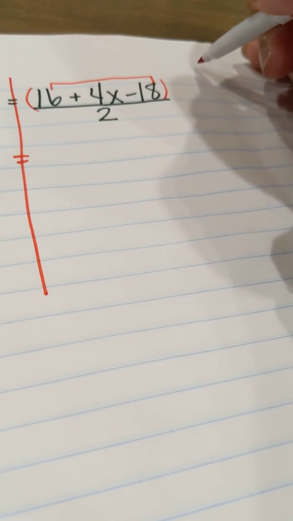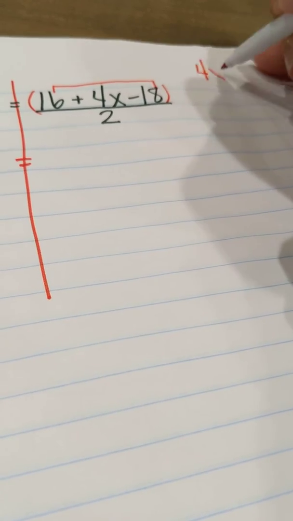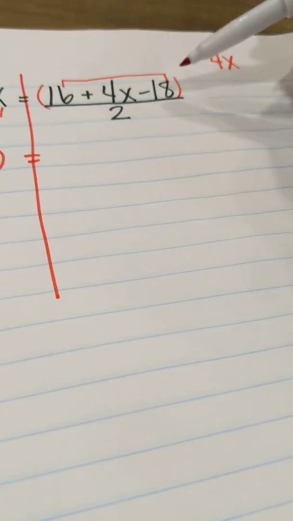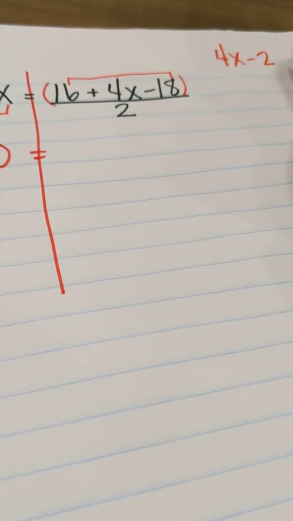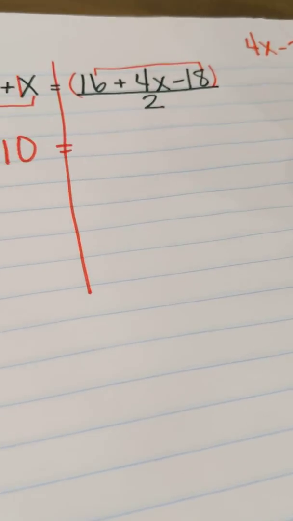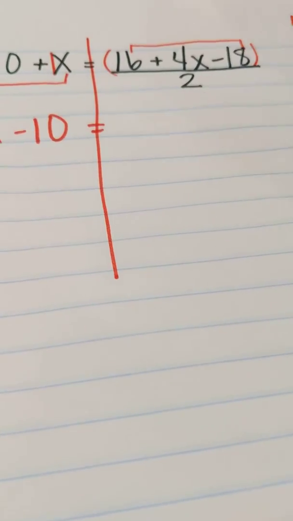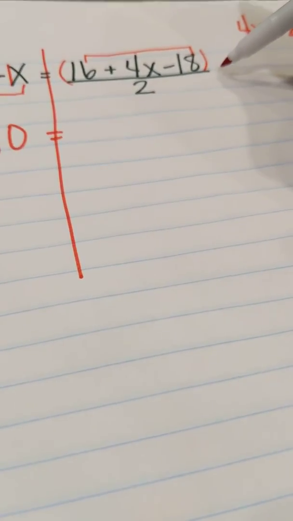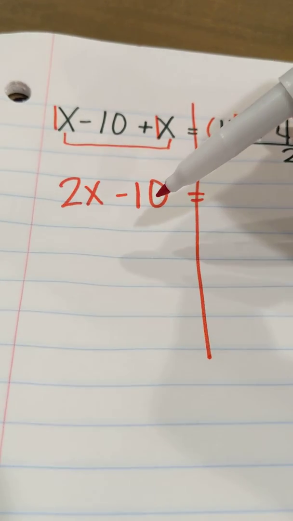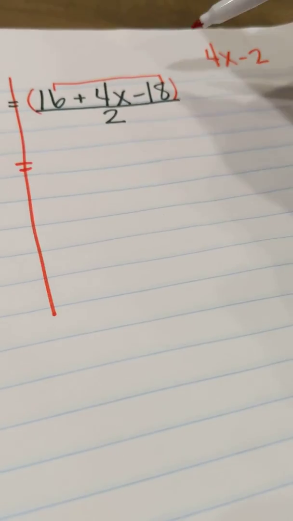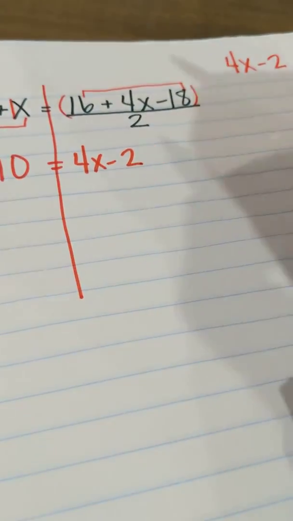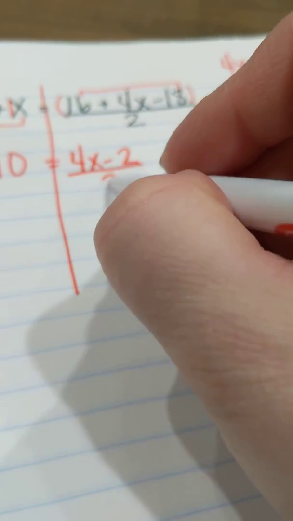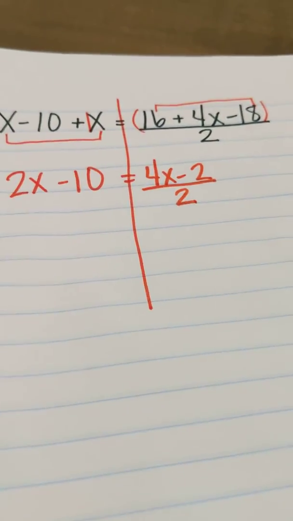So that would be, we have that 4x, but then you combine 16 minus 18. So that's negative 2. You also could multiply this side by 2 and everything on this side by 2. But we'll do this maybe. 4x minus 2 goes here. Except this 2 is still on the bottom. We haven't done anything with that.